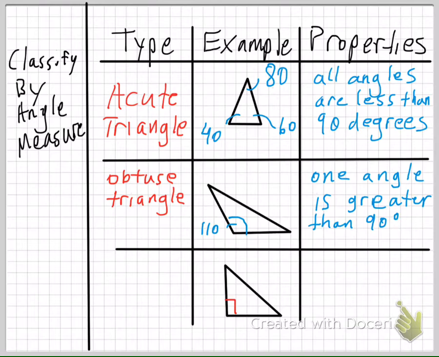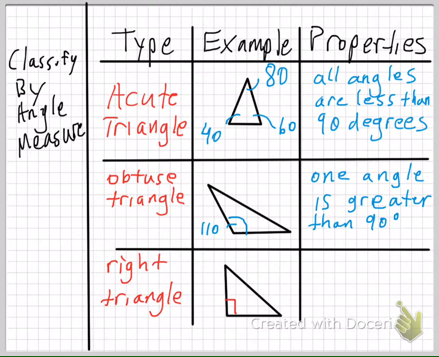And finally, we have the ever familiar right triangle. And a right triangle is a triangle which has an angle measure which is exactly 90 degrees.